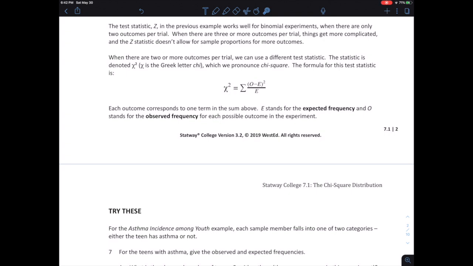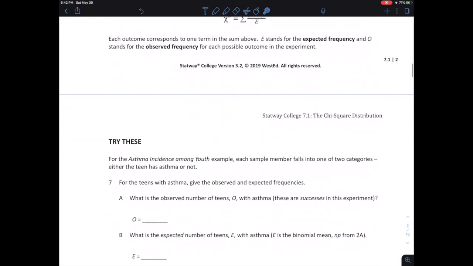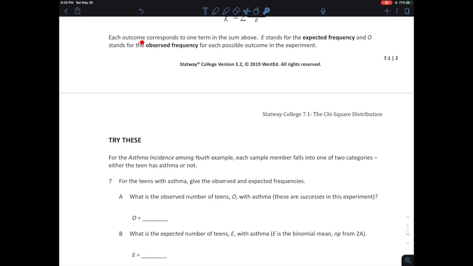The observed are what actually happened. So anyway, you subtract observed minus expected, you square that, and you divide by the expected. Add this up for every category for your variable, and that's your chi-square statistic. Okay, so it says each outcome corresponds to one term in the sum above. E stands for expected frequency, and O stands for observed frequency for each possible outcome in the experiment.